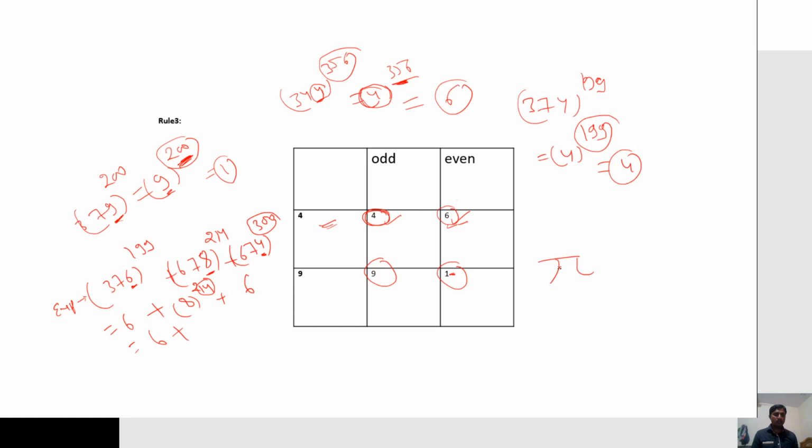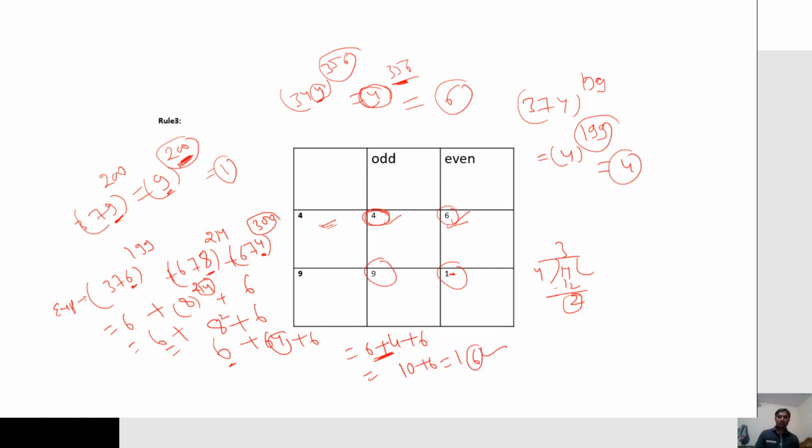Here 14 divided by 4: 4 threes are 12, so we get remainder 2. Then 8 to the power 2 is 64, plus 6, and the unit digit 4 plus the unit digit 6 gives 10 plus 6, which is 16, so we get answer 6. Okay, in this example the unit digit is always 6.